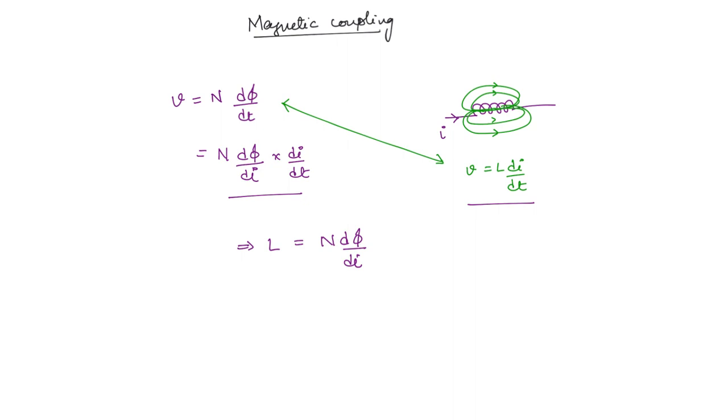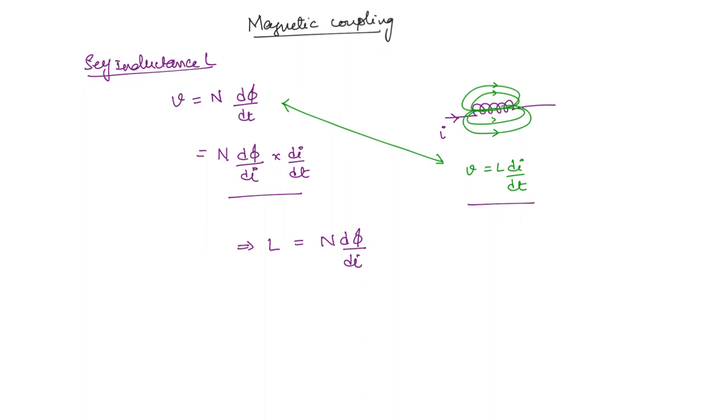So the voltage produced across the inductor is primarily because of the magnetic field that is produced. This is the self-inductance L. We call it self-inductance because it is the magnetic field due to the current flowing in its own coil.